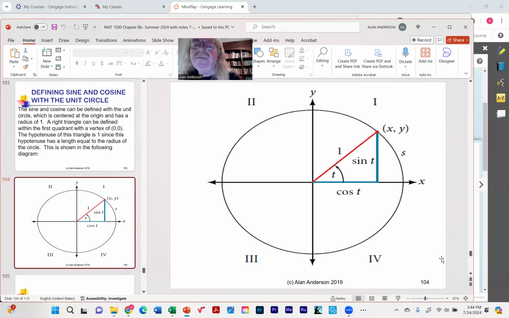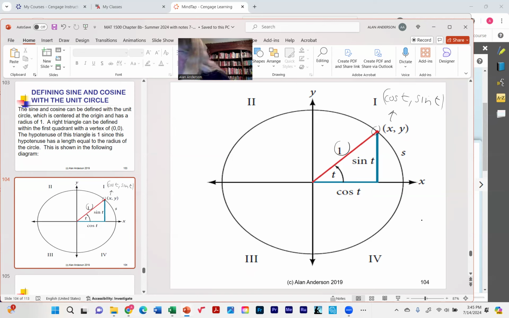Based on angle t, because this is a unit circle, the radius is 1. That means the hypotenuse of the circle is 1. But because of the way sine and cosine are defined, it turns out that the xy coordinates of this point are the cosine and the sine.